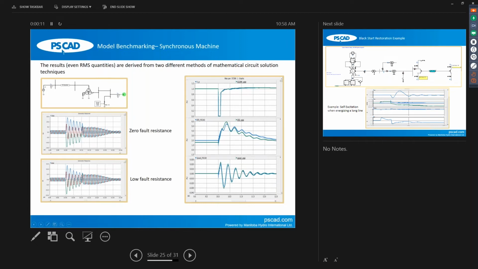Yeah. So if you look at the first graph here, you see the currents, IA in blue, IB and IC. If you look at IA after 0.1 seconds, the current still has not decayed sufficiently.